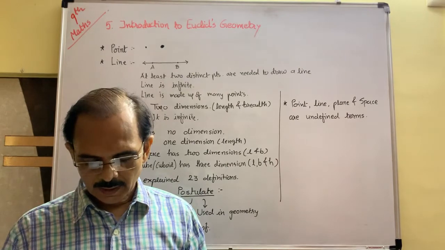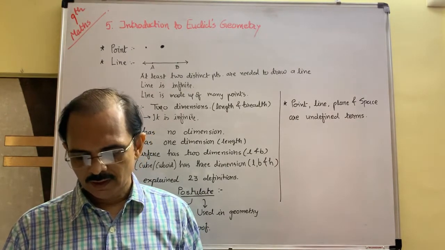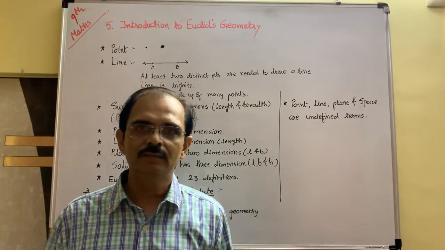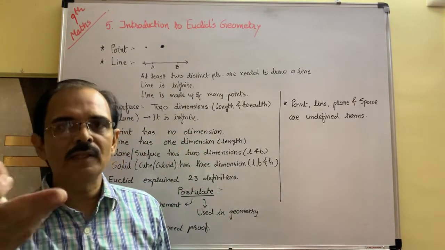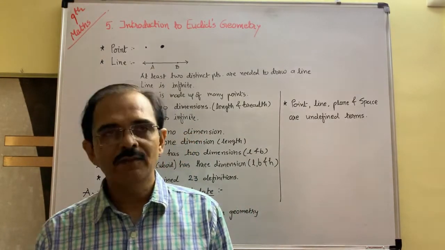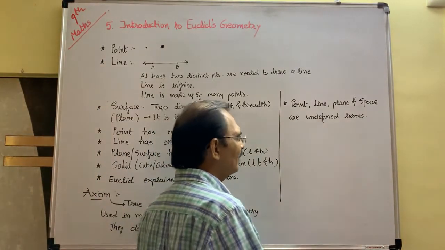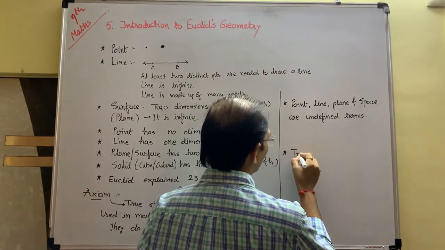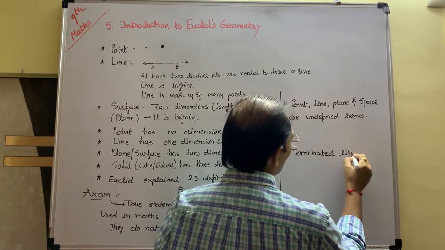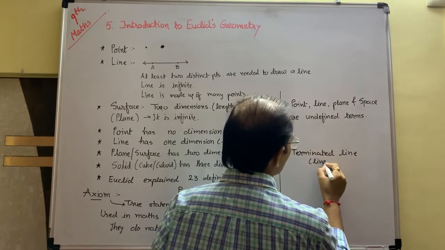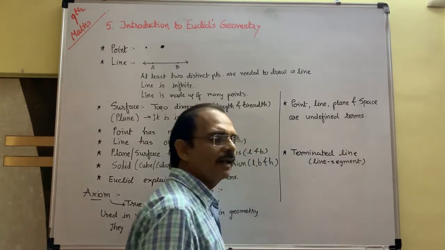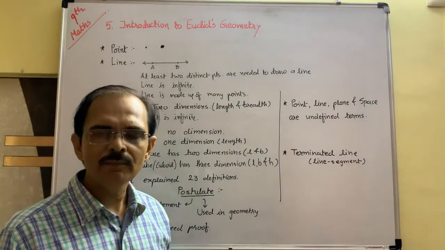Postulate 2: a terminated line can be produced indefinitely. Terminated means measuring, that you can measure. Terminated line means line segment in our language. In your language it is called line segment. Because a line is infinite, a line segment you can measure.